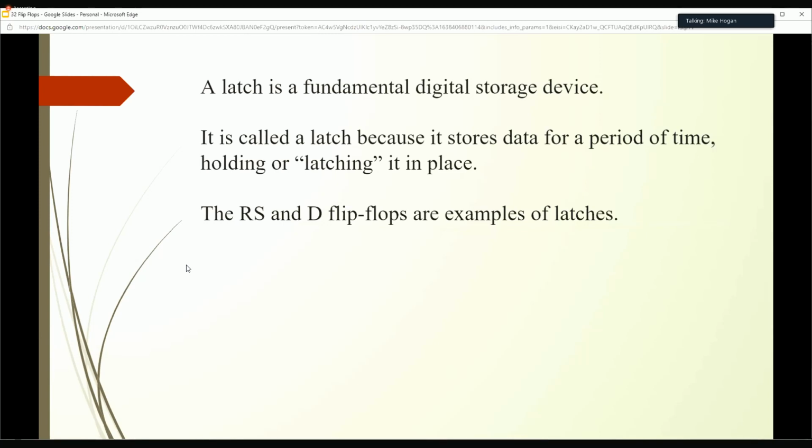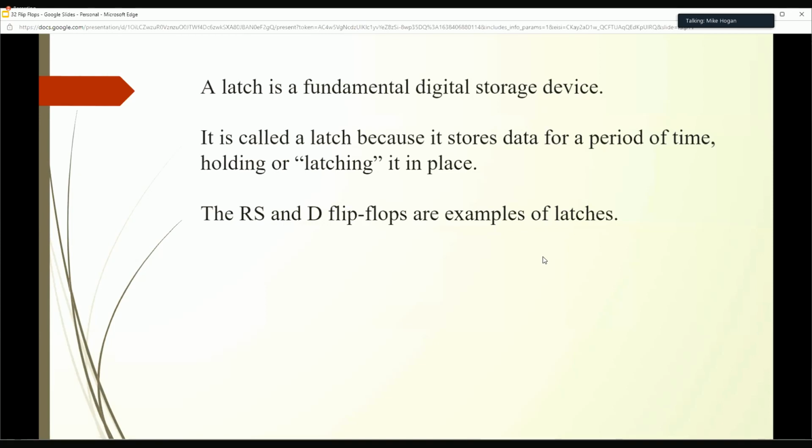The reason they keep giving you that term, latches, is because they really like to throw that up in a quiz question, right? They will ask you, a D flip-flop is also known as a latch, a D latch. And so that's something that there's a good chance you will see.